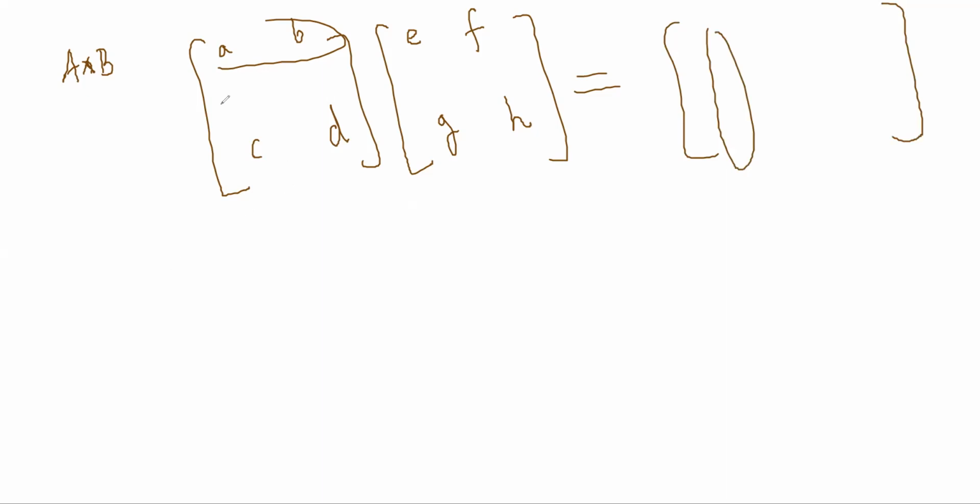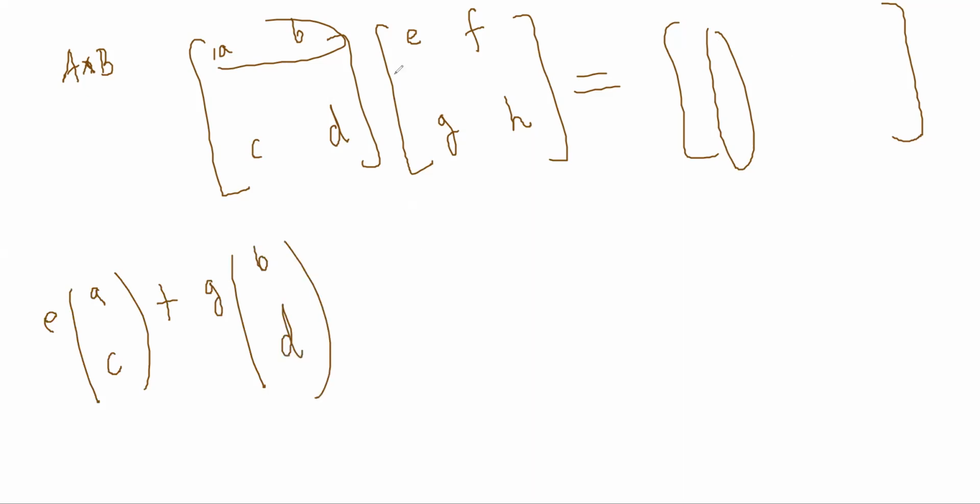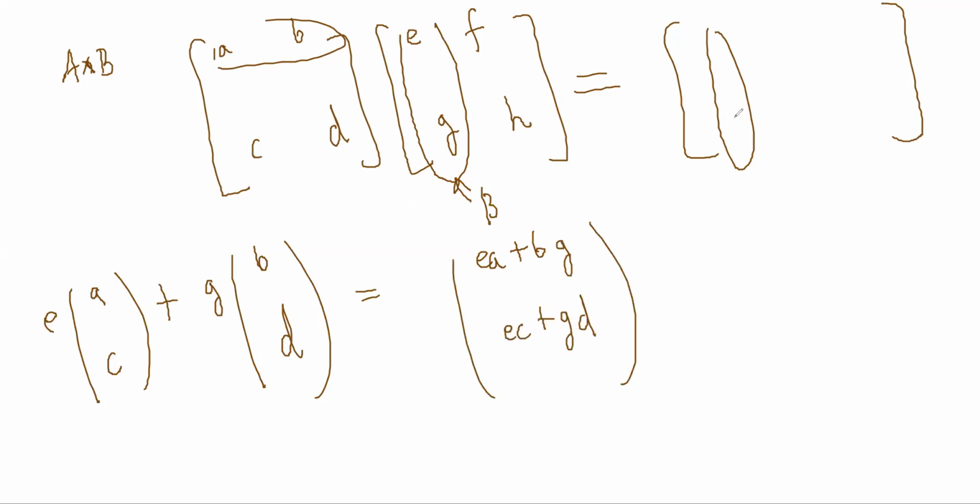That will be the linear combination of columns of A with the corresponding column of B. So it will be E times (A, C) plus G times (B, D). That will be the first column because I have taken the first column of B, no? So it will be EA plus BG by EC plus GD. This is my first column.